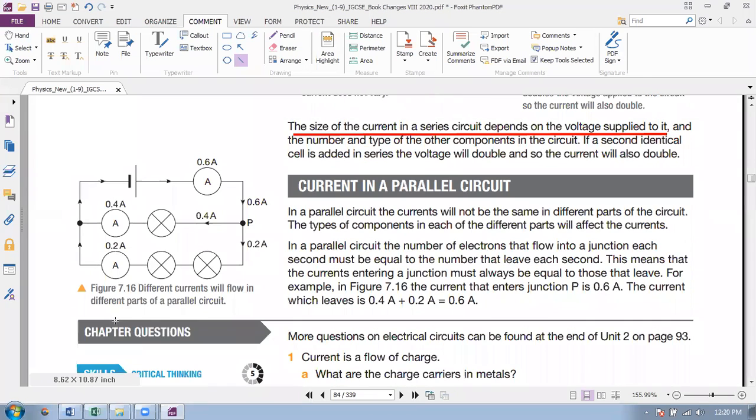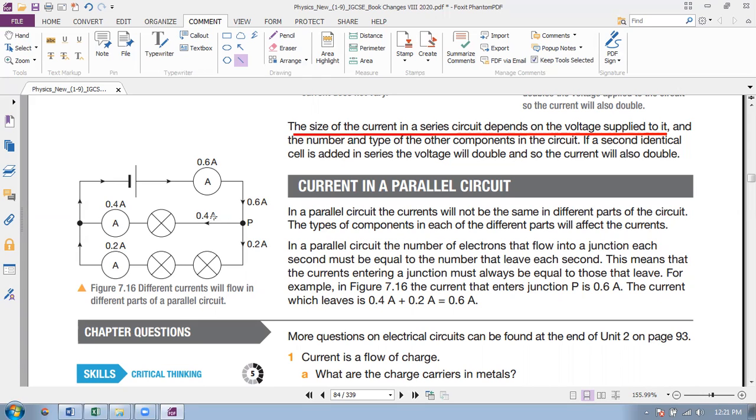And current in a parallel circuit, look at this, each branch has different currents. Current is coming 0.6 ampere from the positive terminal, and 0.4 ampere goes through this branch and 0.2 ampere goes through this branch. So currents are divided in different branches. Current divides at a junction. This is called a junction. Do you remember? Current is divided at a junction coming into the parallel circuit.